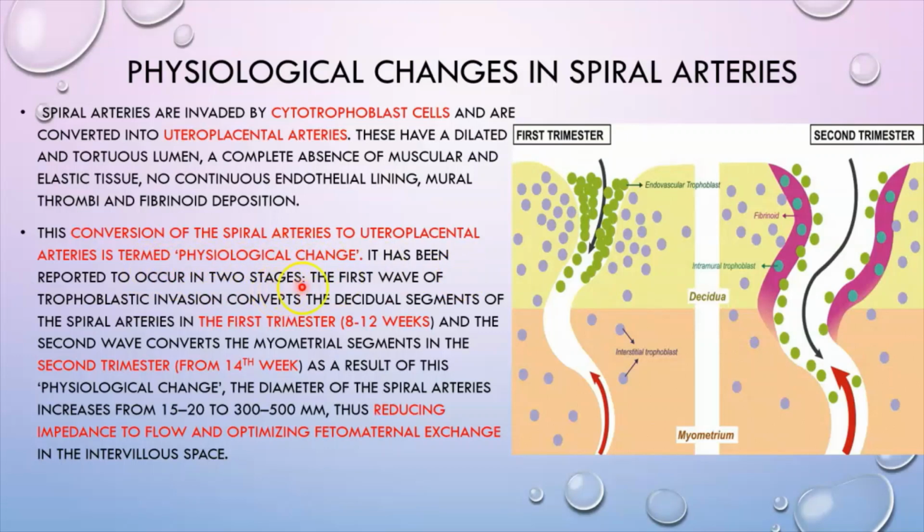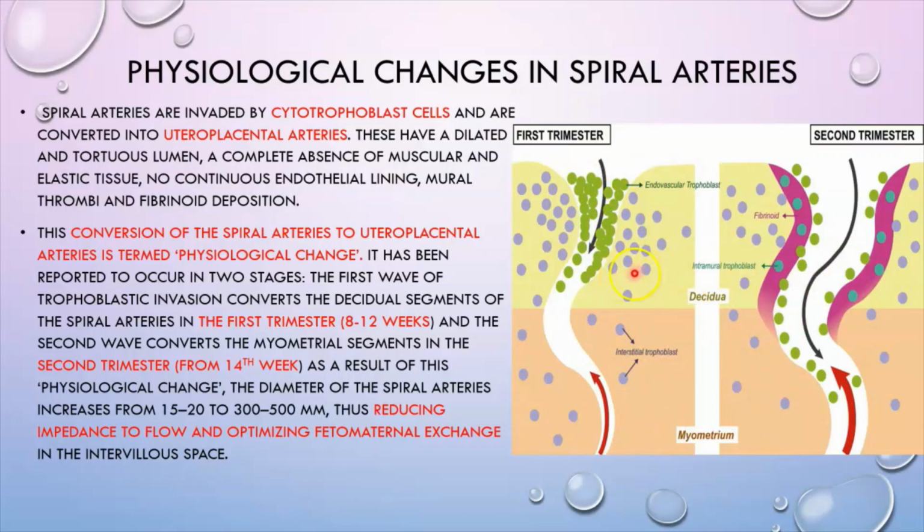It has been reported to occur in two stages. The first wave of trophoblastic invasion converts the decidual segments of the spiral arteries in the first trimester, that is from 8 to 12 weeks. And the second wave converts the myometrial segments in the second trimester, that is from 14th week. See, this is first trimester change and this is second trimester change.